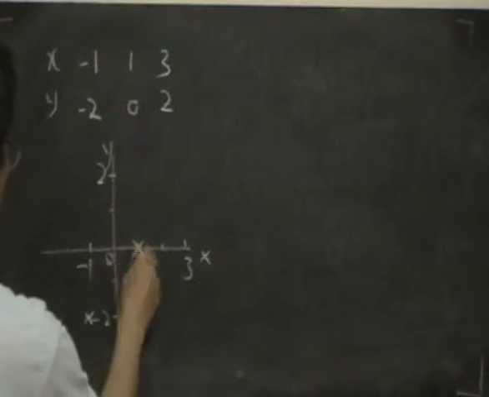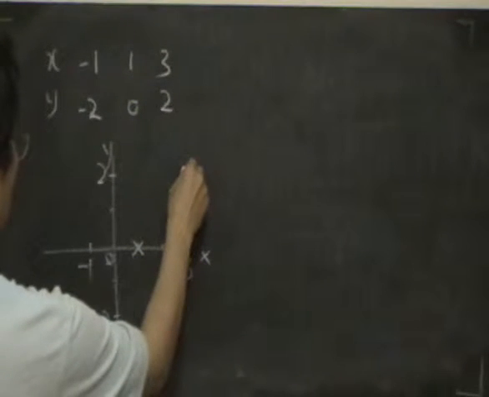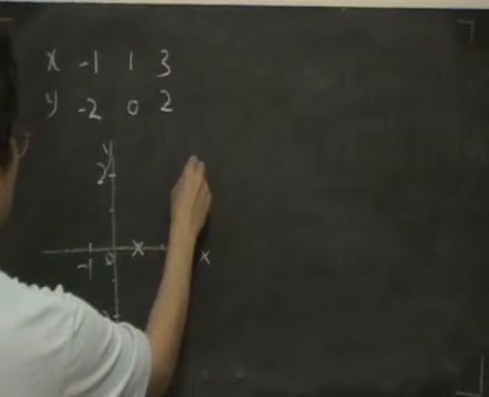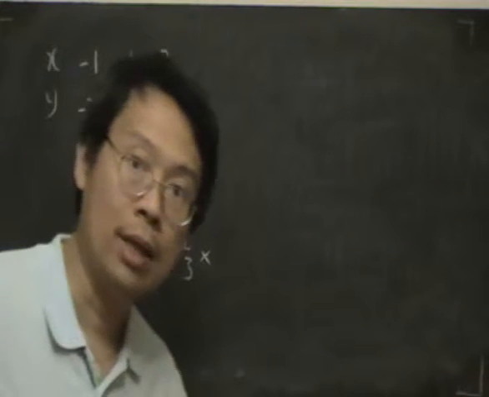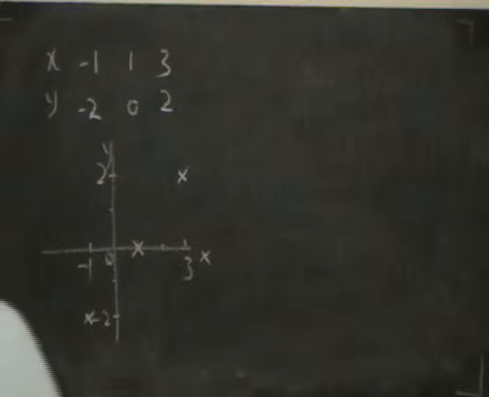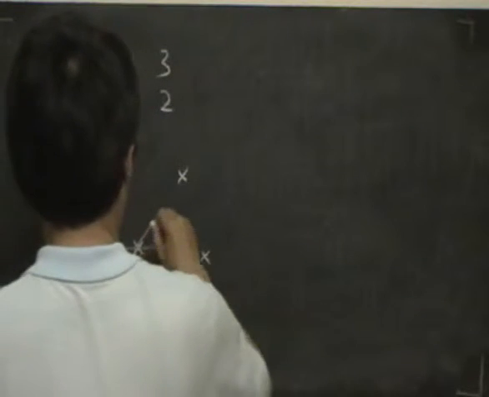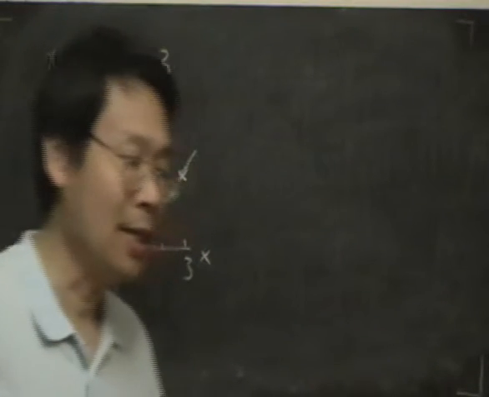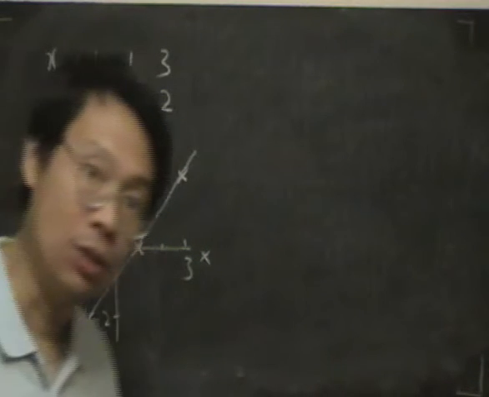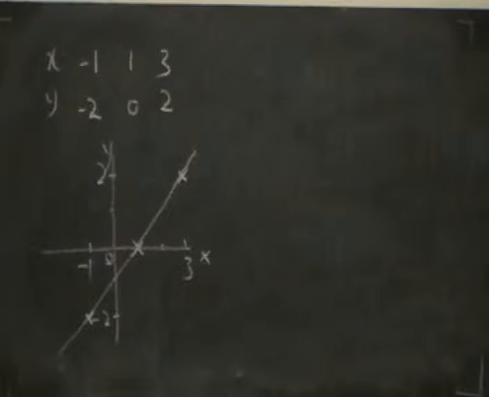And 3, 2 would be there. So we can draw a straight line through these points. That's a straight line. Now we can actually use this straight line to find the equation.